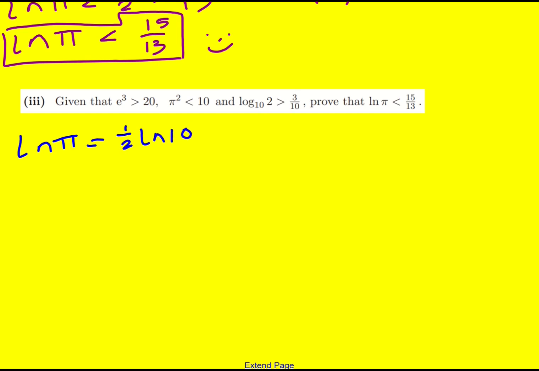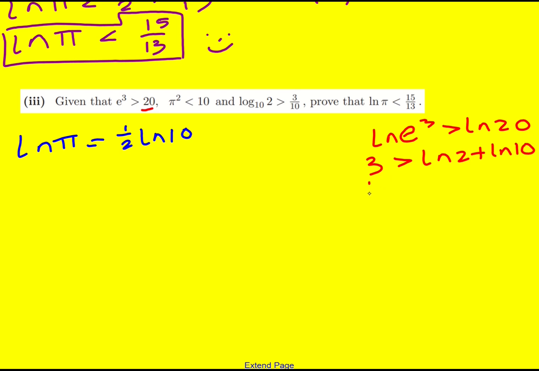At that point, I thought, okay, I want to somehow get ln 10. So I could see a 20 there, and I decided to do ln e cubed is greater than ln 20, and therefore 3 is going to be greater than ln 2 plus ln 10.